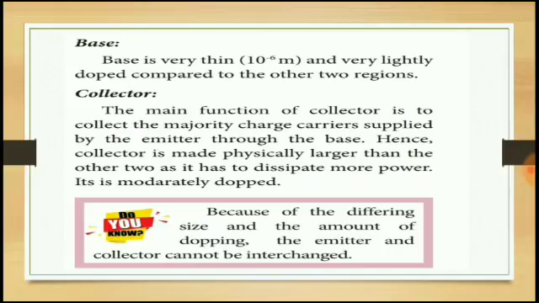There are three terminals in a transistor: emitter, base, and collector. Here the base is very thin, 10 power minus 6, and very lightly doped compared to the other regions. The base is the central region.